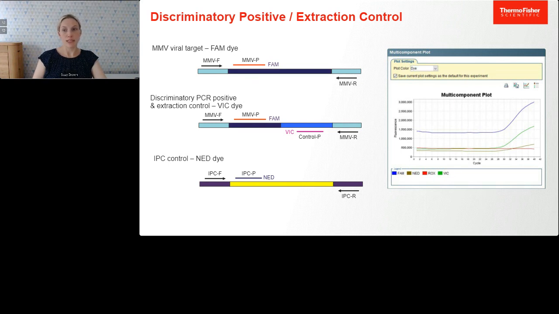Therefore, if you have a DPC spiked or control spiked sample, you will display both the VIC and the FAM signals, whereas a true contaminant result, true positive result, would display the FAM signal only. And then finally, that internal positive control used to confirm successful PCR amplification is by an additional DNA target sequence already added to your master mix, and this is detected by the NED probe.